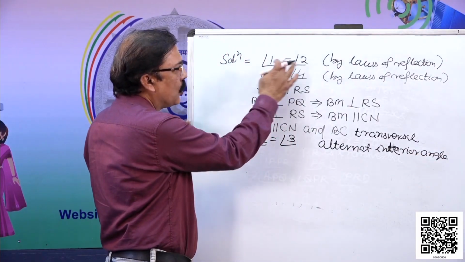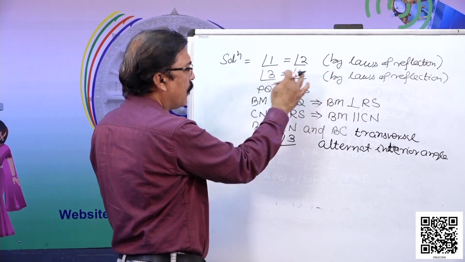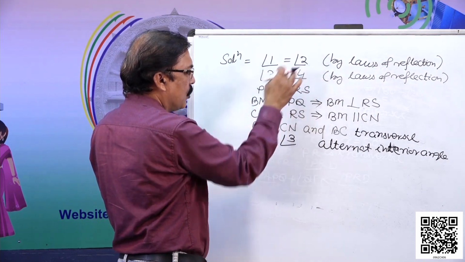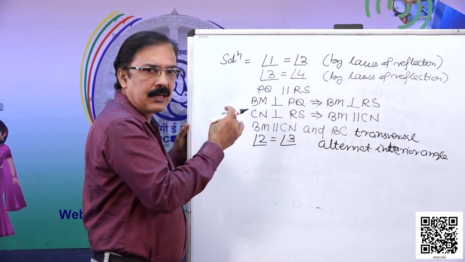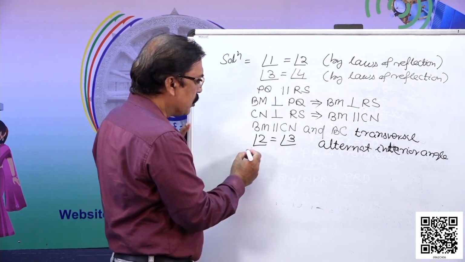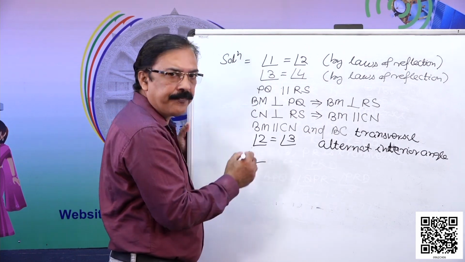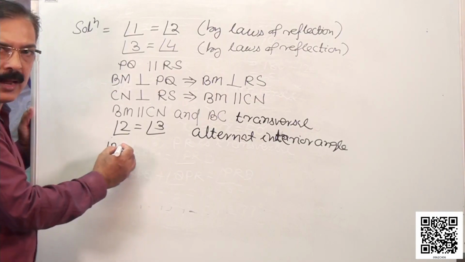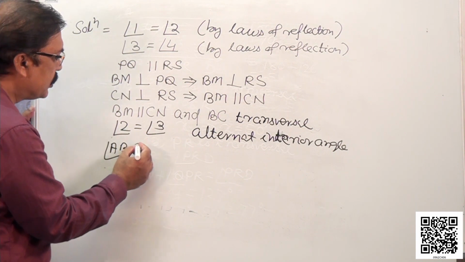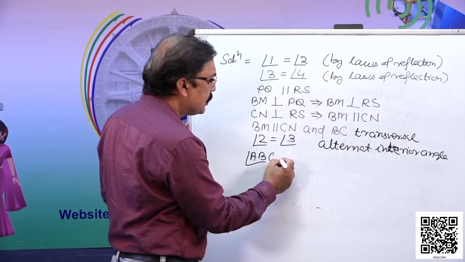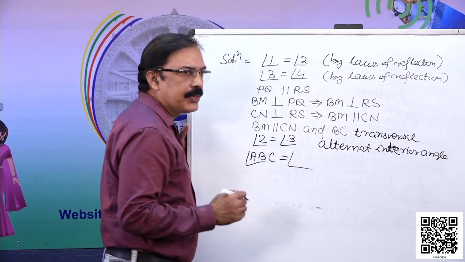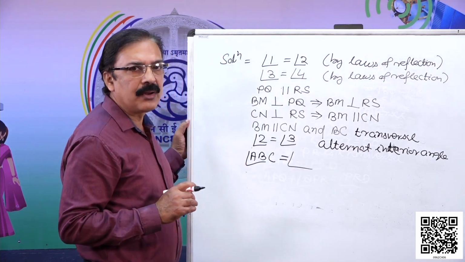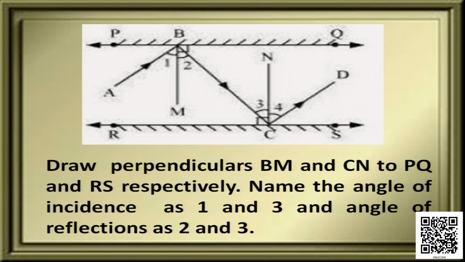Now as 1 and 2 are equal, 3 and 4 are equal, and here 2 and 3 are equal, that means all these angles are equal. If we consider angle ABC, ABC constitutes angle 1 and 2.